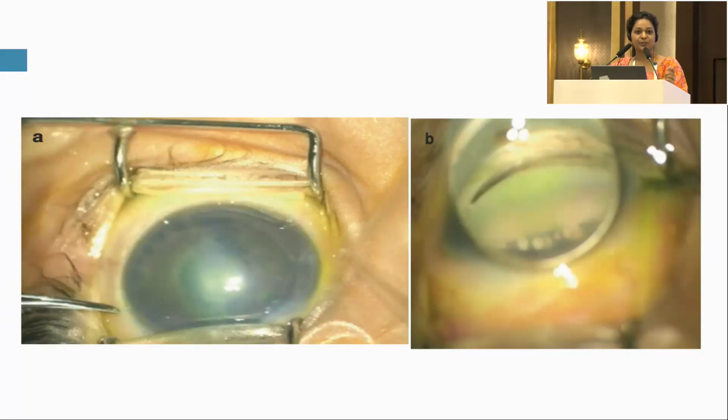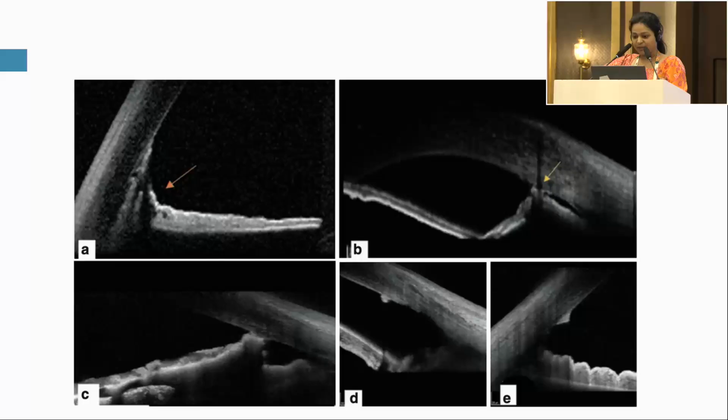Then you realize that it was actually a case of Axenfeld-Rieger spectrum, which you had previously presumed to be primary congenital glaucoma. So this is also very important to revise your diagnosis once a child grows up. So this was diagnosed as a case of Axenfeld-Rieger spectrum, and of course for these babies, internal trabeculotomy doesn't work, and we did a trap plus trab for this child.